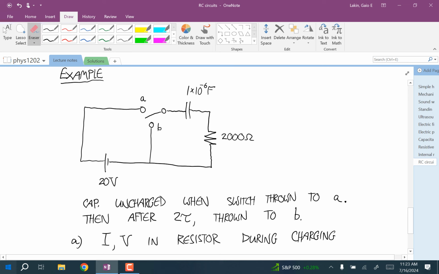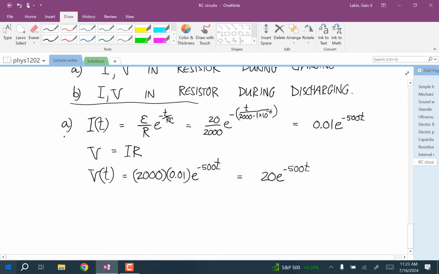So what we want to know is what's the charge in the capacitor after 2 times the time constant. So we're still going to use the charging equations to figure out what the charge is at time 2 tau, or 2 times RC.